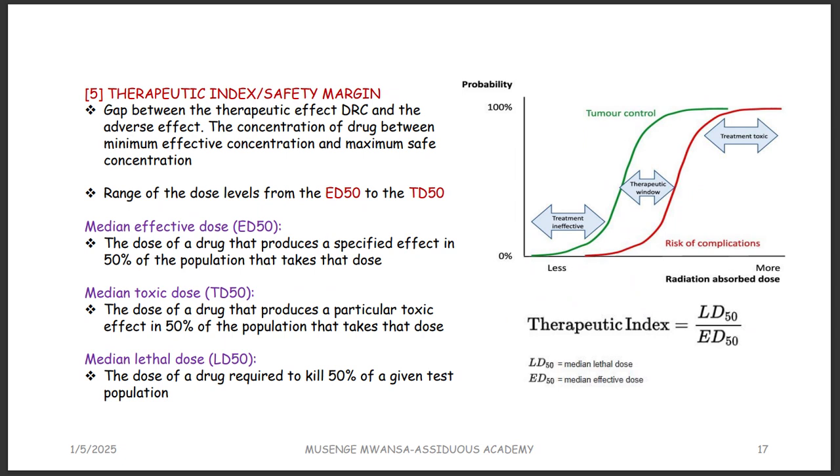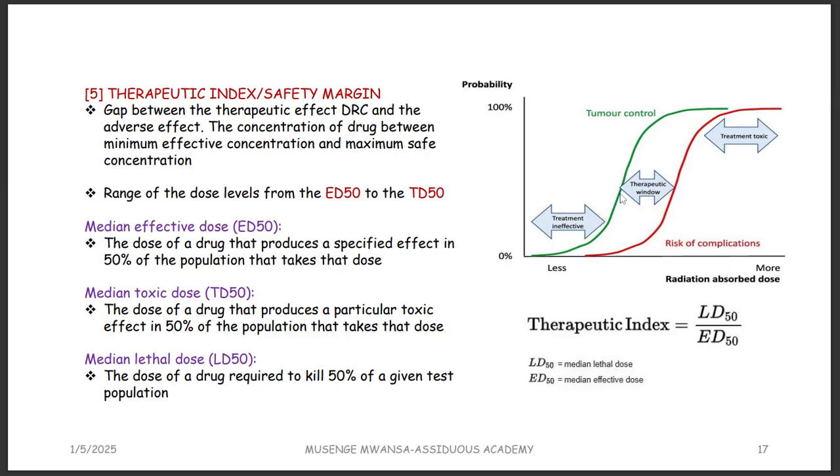And you give this like in rodents or rats. So the maximum amount of drug that you can give and half of the rats die, that's known as the median lethal dose. And the amount of drug that you give and half of the population gets better, that's the median effective dose.